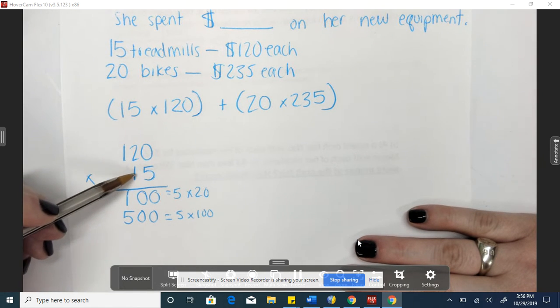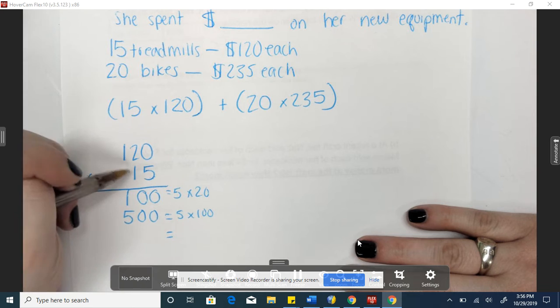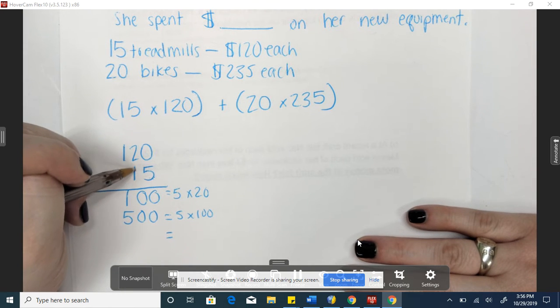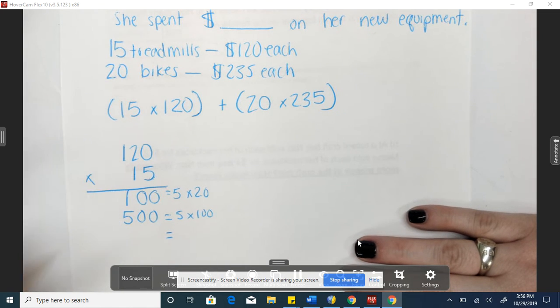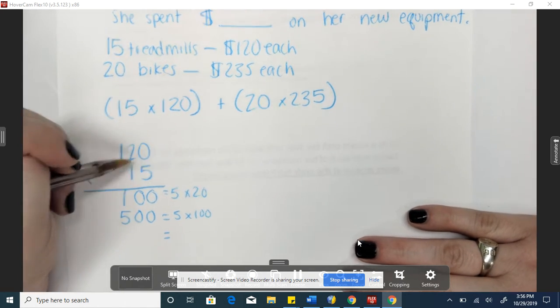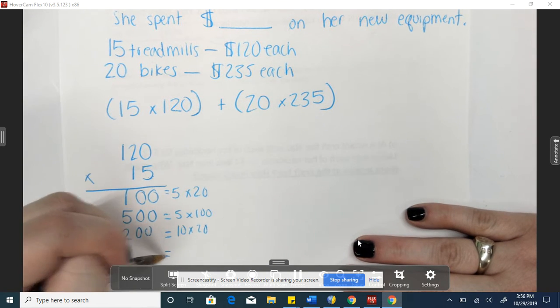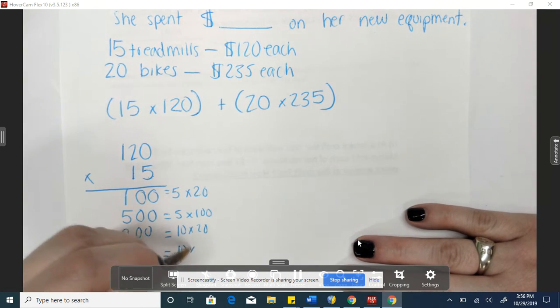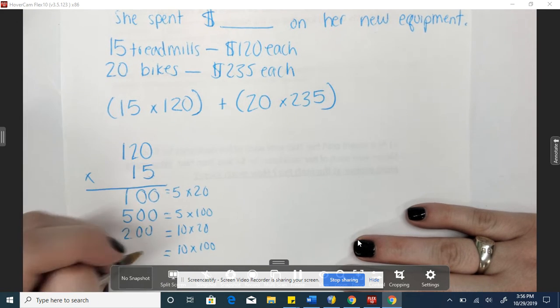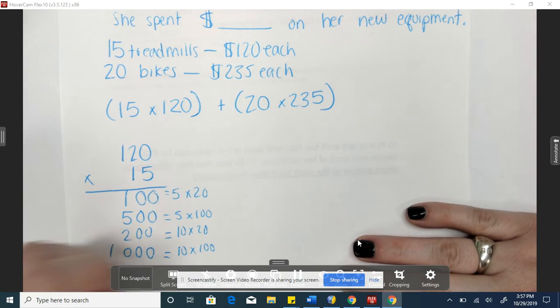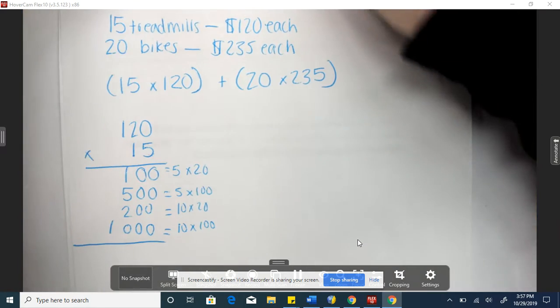So now I'm going to multiply the 1, which has the value of 10. So 1 times 0 is 0. Okay, so I'm not going to write that down because we don't need it. 10 times 20 is 200. 10 times 100 is 1,000. Okay, I'm going to move this back a little.